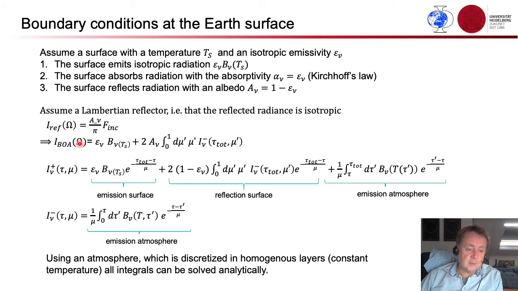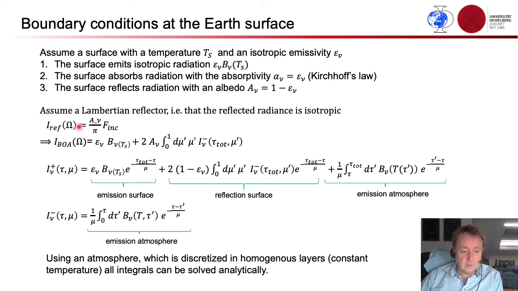And with that information, we can say now that the radiance at the bottom of our atmosphere, at the surface in upward direction, is the emissivity times the Planck radiation of the surface itself, and then the second term, which describes the reflectivity: 2 times the albedo, the integral from 0 to 1 over the cosine of the zenith angle, times the cosine, because we want to calculate now this flux here, times the downward directed radiances.